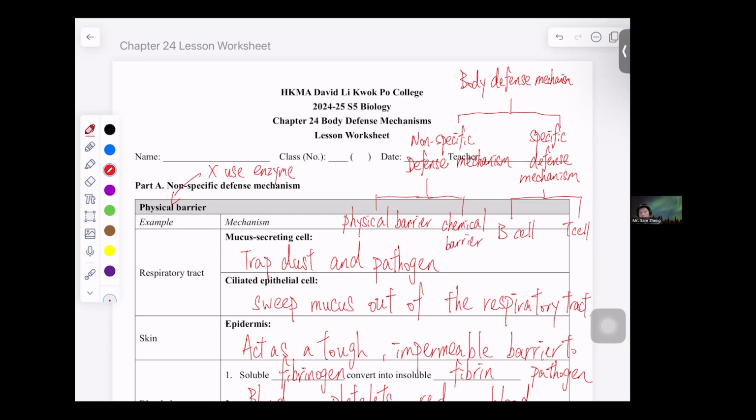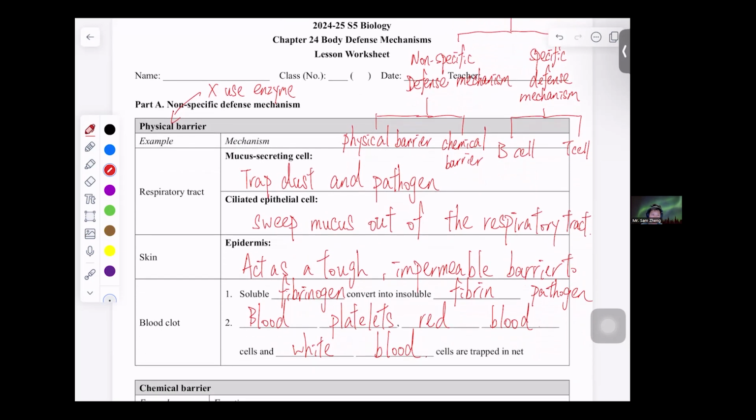Okay? Now, before we move on to the specific defense mechanism, I just want to quickly revise with you the non-specific defense mechanism. There are several examples that are quite important for you to memorize. First, in our respiratory tract, there are two types of cells.